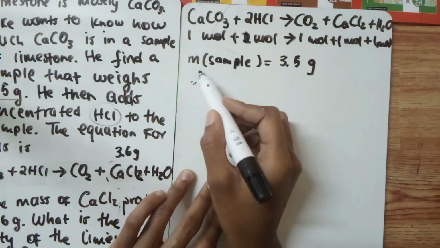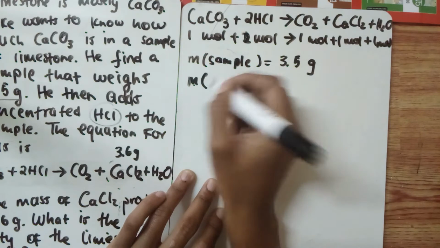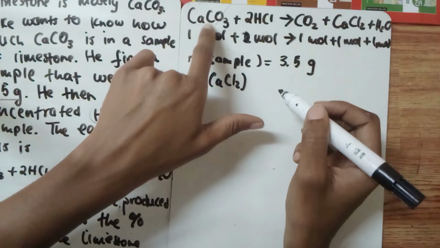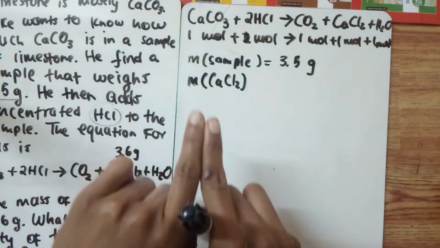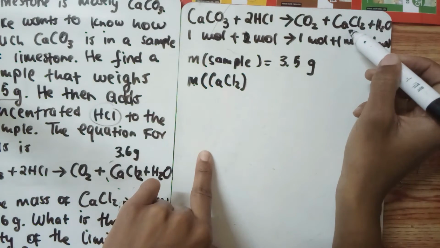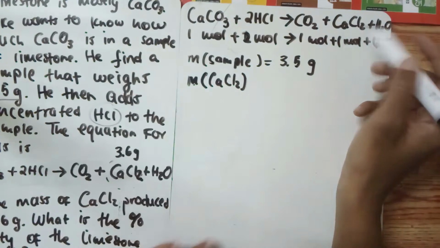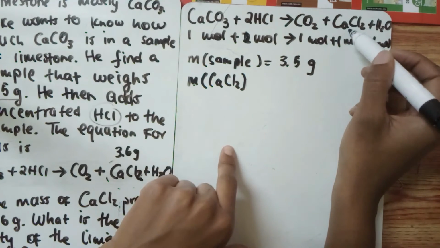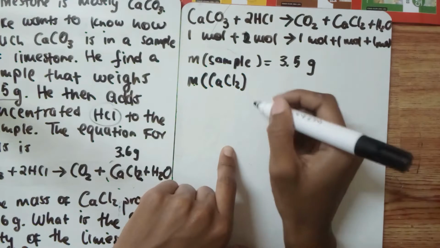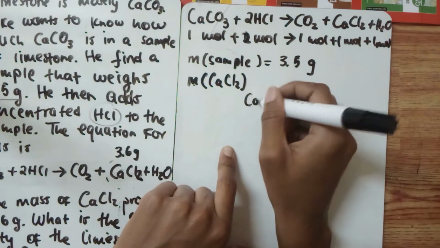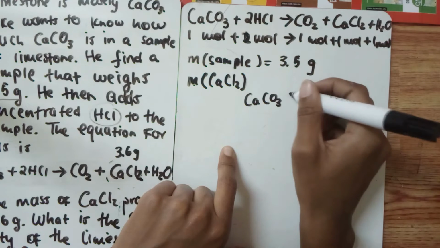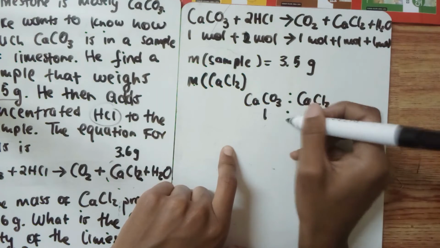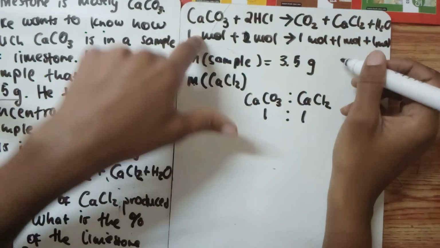So we have the mass of the sample, and we also have the mass of calcium chloride, 3.6 grams. We compare the ratio of the two things, the one we have the mass value for and the unknown. The ratio of calcium carbonate to calcium chloride is 1:1, 1 mole to 1 mole.